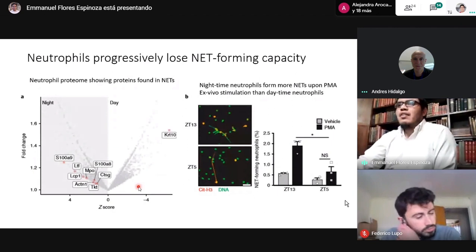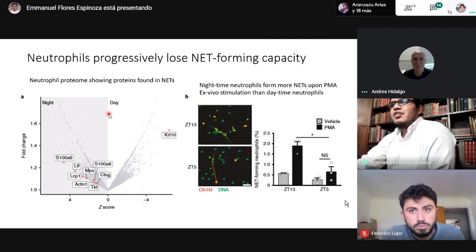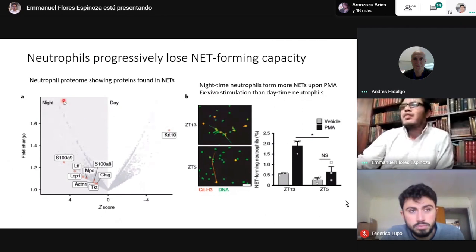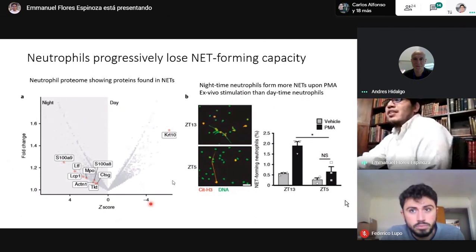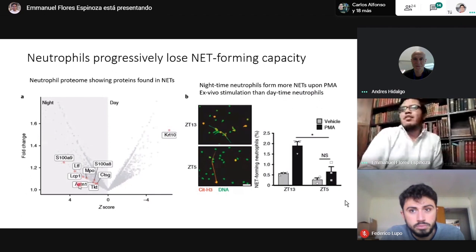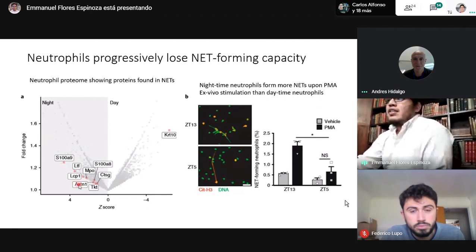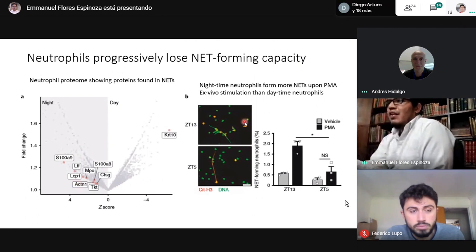So they first evaluated the data of the proteome analysis, and they saw that the night-like neutrophils have enrichment of the proteins necessary for NET formation compared with the day-like neutrophils, and they also evaluated the NET forming capacity of these different neutrophils.